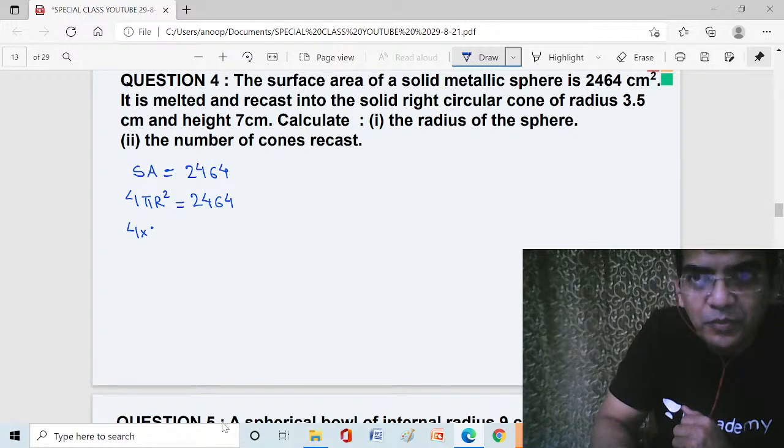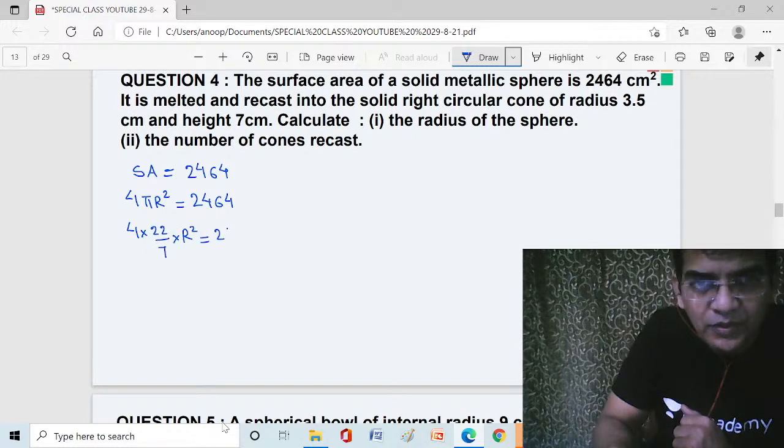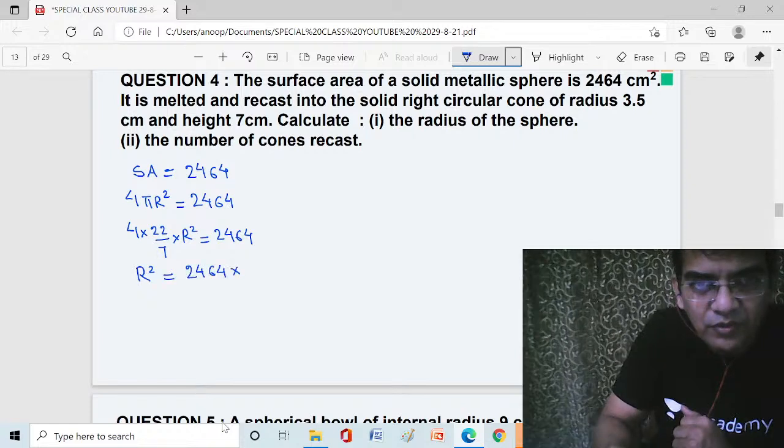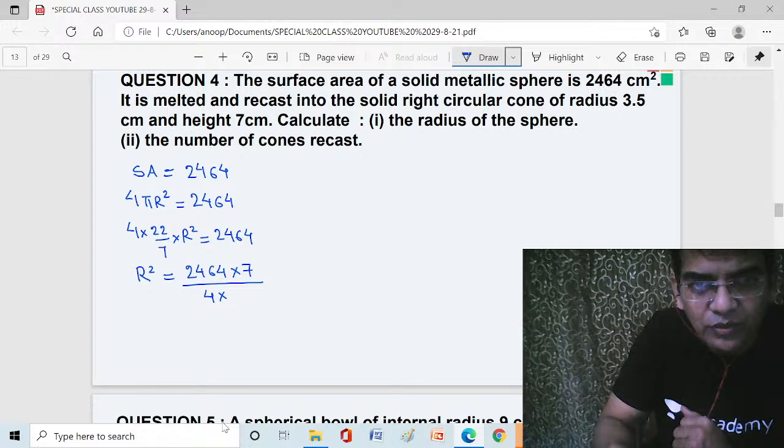Now pi is not given, so we are going to use it as 22 by 7. So it's 2464. Now let's cross multiply and we will get r square. So 2464 into 7 whole upon 4 into 22.